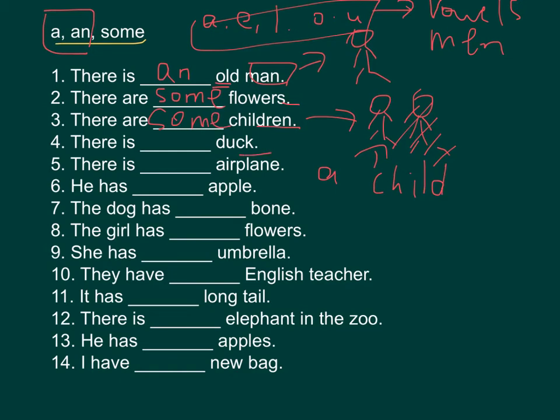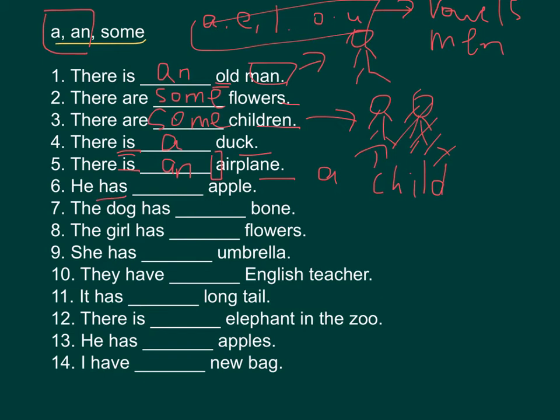And number 4, because no S, right? There is referring to one duck, right? So a duck. And number 5, there is airplane. No S, right? And airplane starts with A, letter A. So we use an airplane.